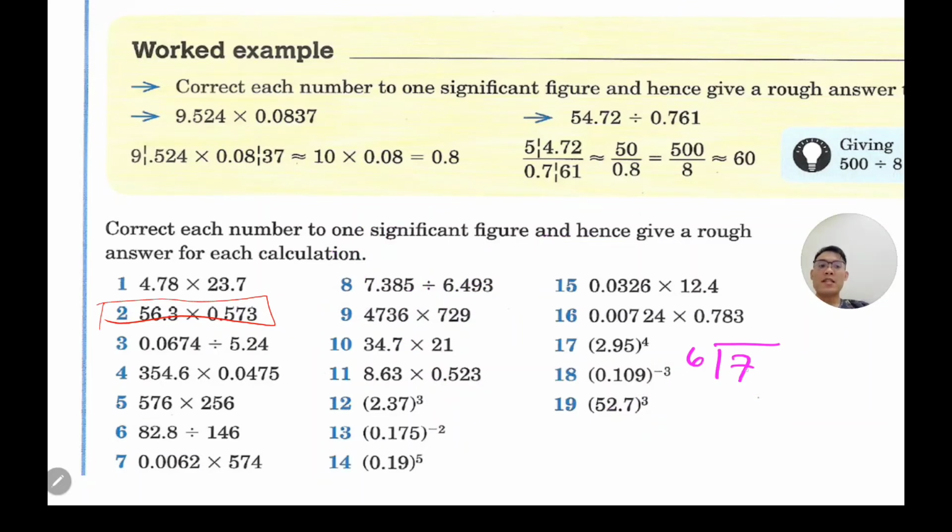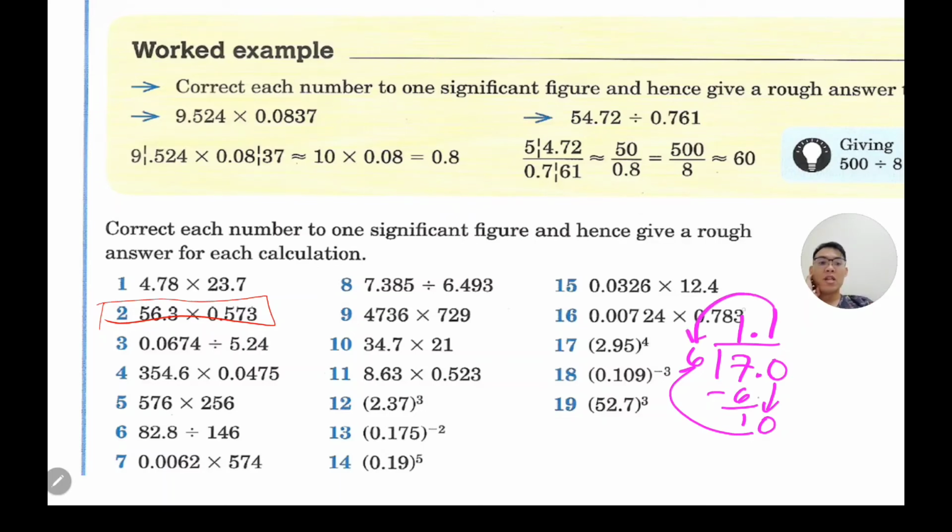Okay, so how many 6 are there in 7? So we have 1 only, right? There's only 1 six inside 7. So 1 times 6 is 6, and 7 minus 6 is equal to 1. So there's nothing to bring down anymore. So you have to add another decimal here, decimal there, and 0. Bring down 0, that becomes 10. 10 divided by 6 becomes 1 again.